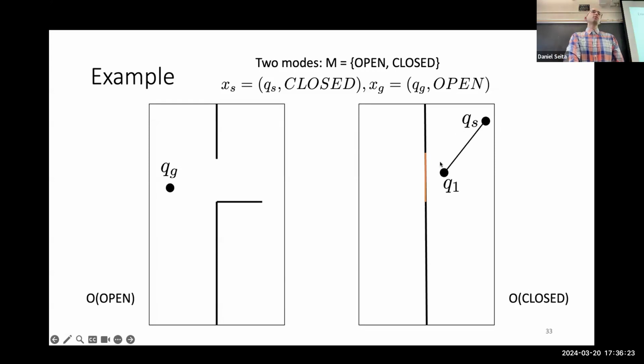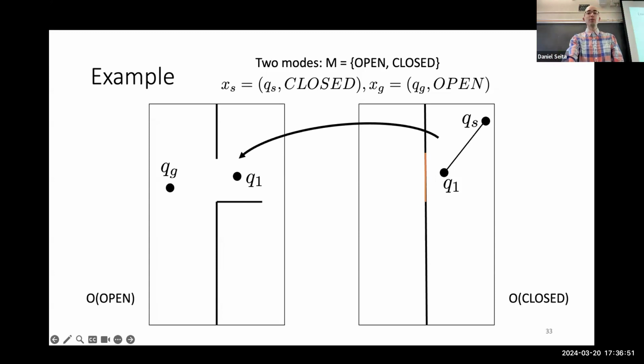Then you can run your normal sampling-based motion planning, where maybe this node was just added to your tree, to your RRT. And this might include your action to actually open the door, right? If the robot is close enough to the door, it can do an opening action.